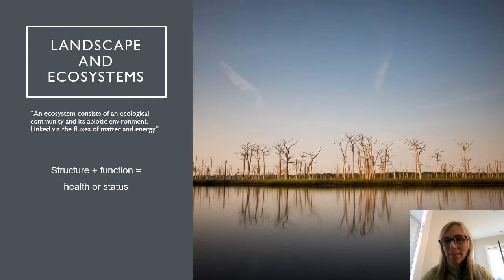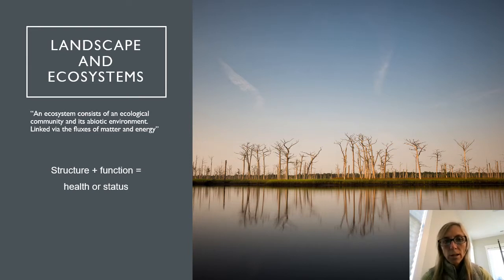As you know, an ecosystem consists of both the ecological community and the abiotic environment. It's linked via the fluxes of matter and energy between various ecosystems. Ecosystem structure generally refers to the diversity of organisms and other physical features of an ecosystem.